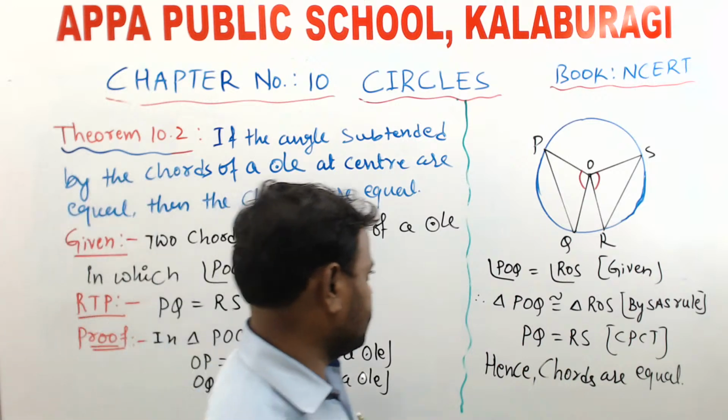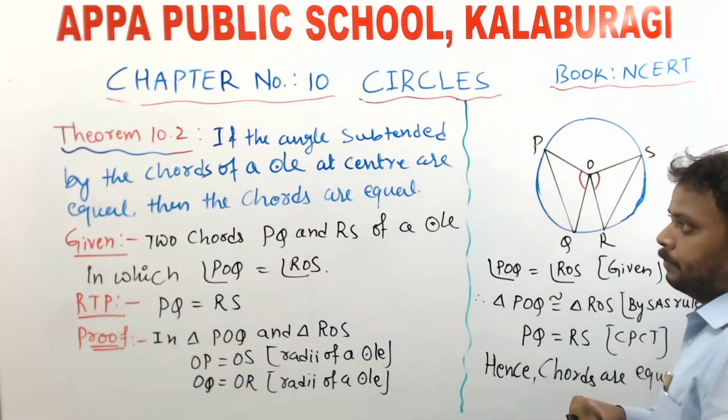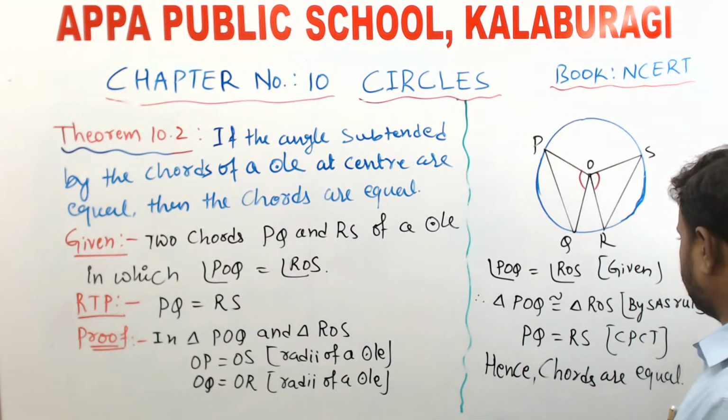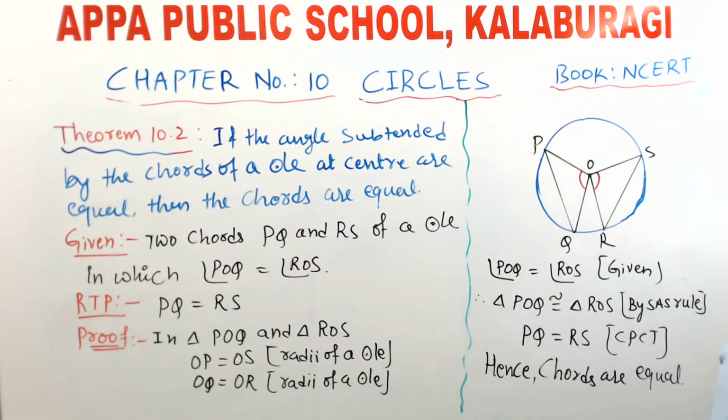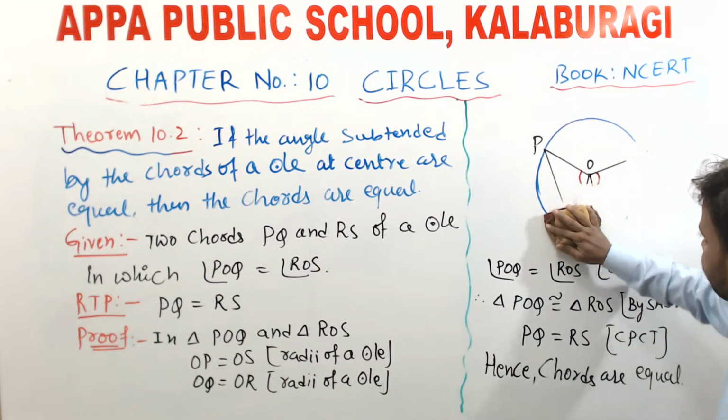So we'll see those two examples. If the angles subtended by chords of a circle at the center are equal, then the chords are equal. Then the chords PQ and RS are equal. We proved that. So I will remove this diagram.